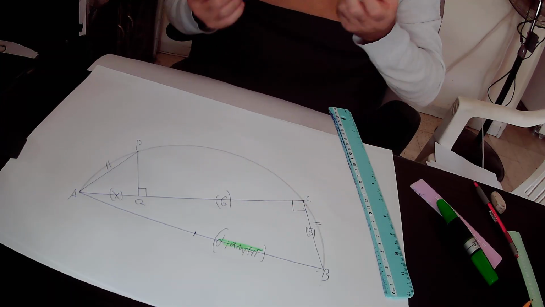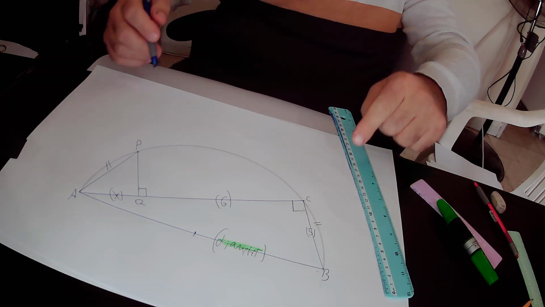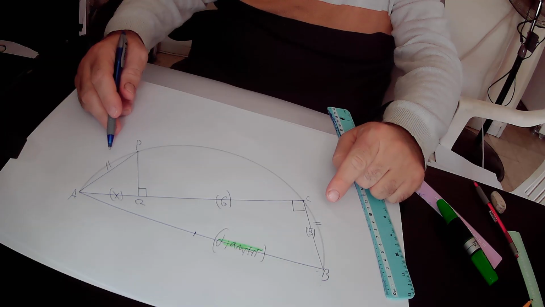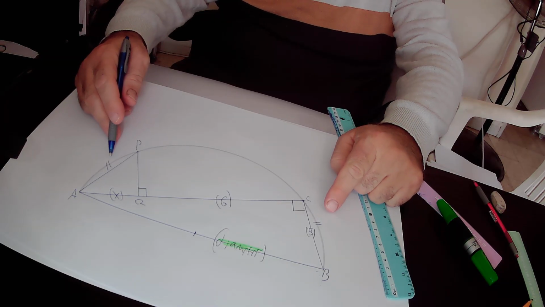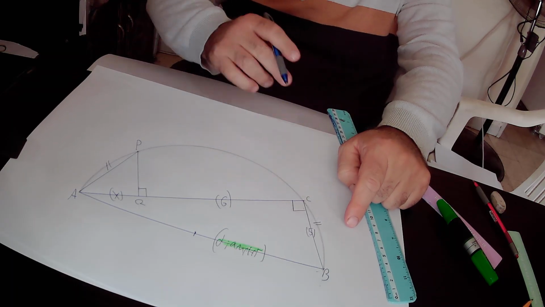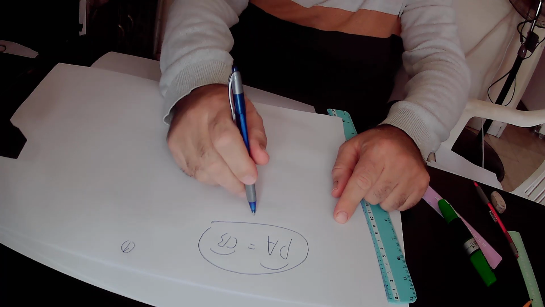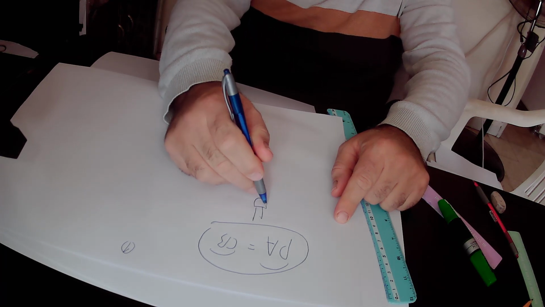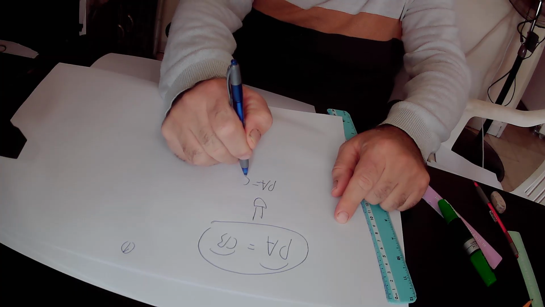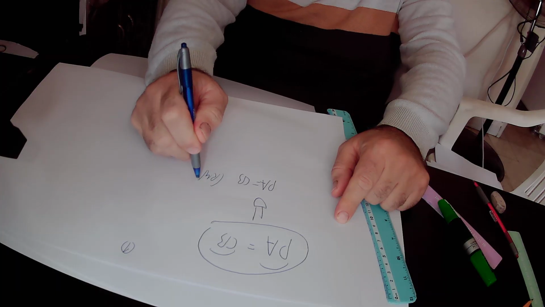According to rule 56, the corresponding chords of those two arcs are equal to each other. That is to say, chord PA equals chord CB in its length, according to rule 56.